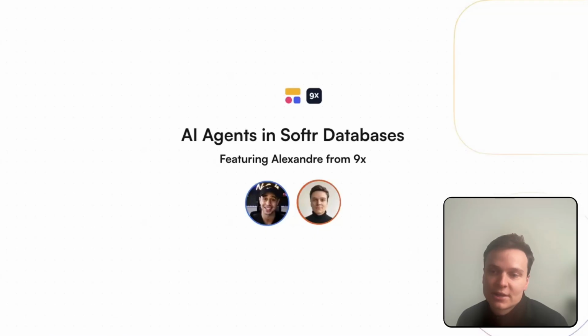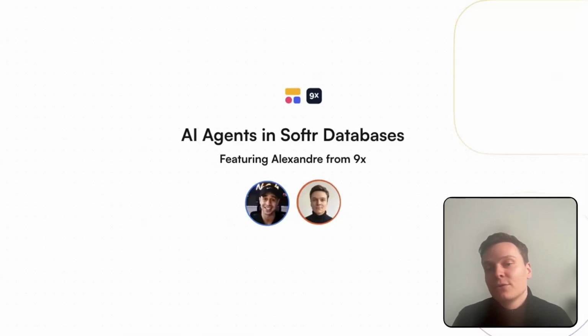Today I'm joined with JJ Angler from Softr. And today we are going to once again talk about Softr, which is a tool we love at 9x because it is one of the simplest ways to build applications. And contrary to web coding, also applications that are secure, where your data is safe, and also really a product that we love.